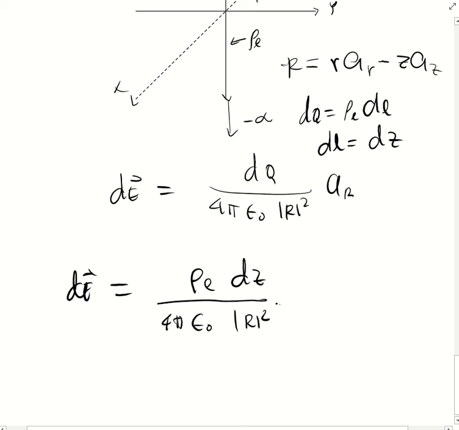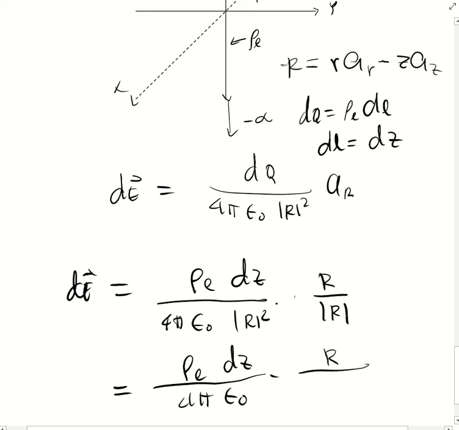How about yung a_R? a_R will be equal to vector R all over the magnitude of R. Di ba? Unit vector is equal to vector itself divided by its magnitude. Then if we simplify this one, this will be rho_L dz all over 4 pi epsilon naught times vector R all over R times R squared, the R cubed.